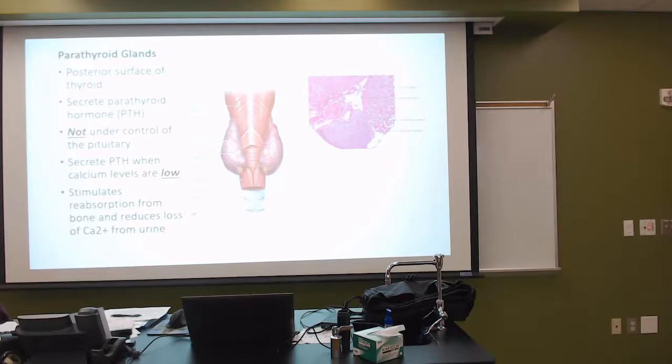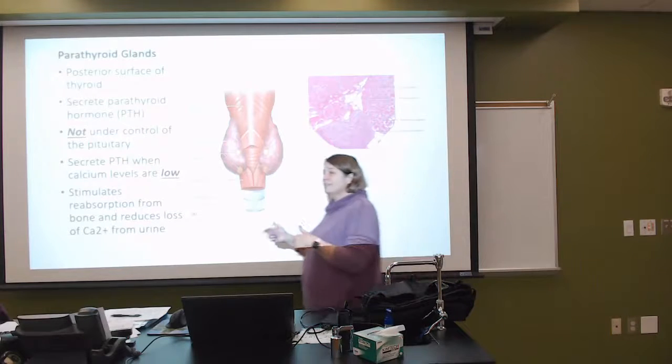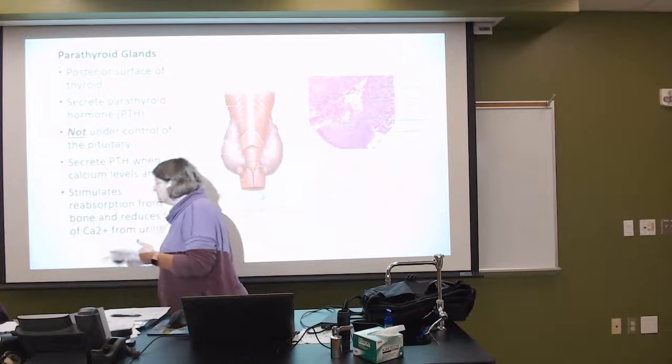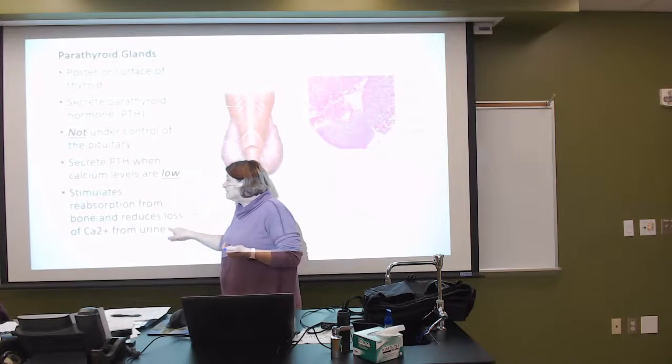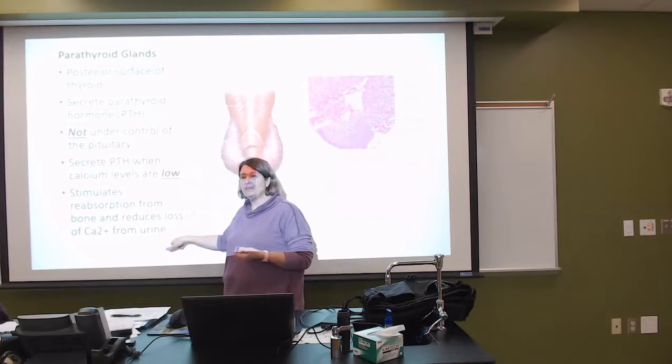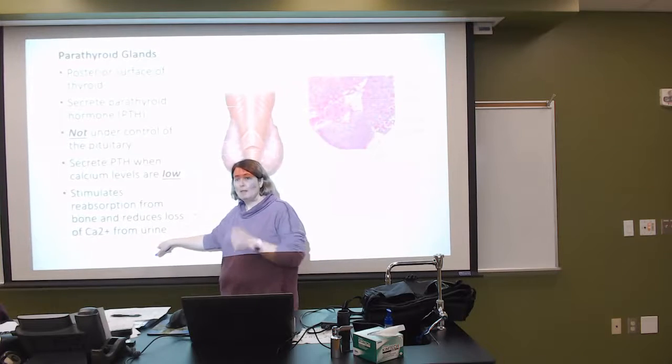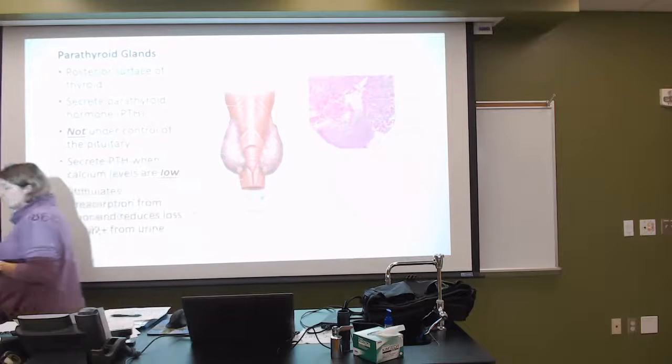The cyte is a mature cell, and that is for maintenance. Clasts are for breaking down whatever needs to get broken down. So the parathyroid hormone will work to get the calcium released from the bone and keep us from losing it in urine, which we'll get to in the kidneys.